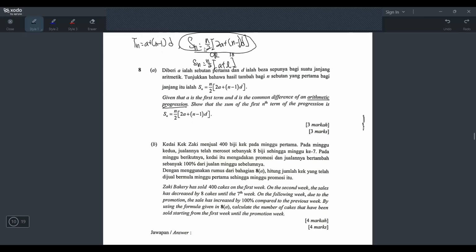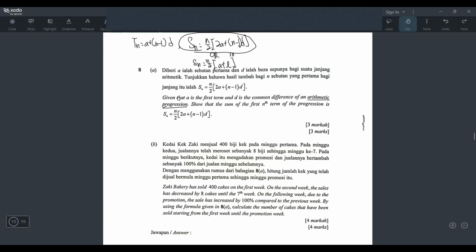Okay, these days, this type of question is really famous, where they ask you to prove a formula, because it came out in the Sabah paper also. In the Sabah trial for this year, they asked me to prove the S infinity formula. I already made one video for Sabah, so if you want the explanation, you can go watch it yourself, right? I want to mention this type of question is really famous in trial questions.